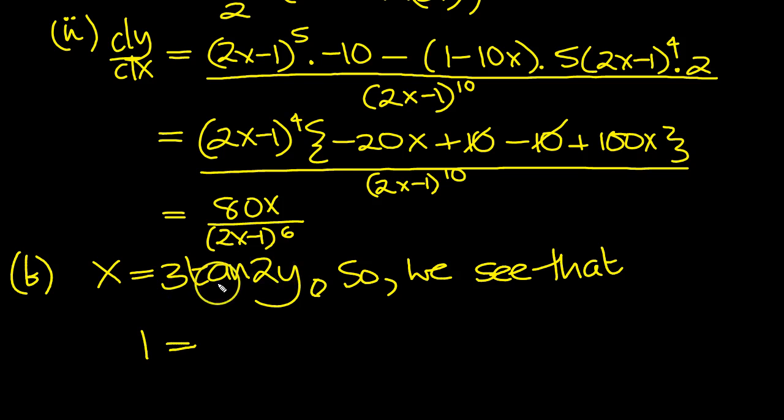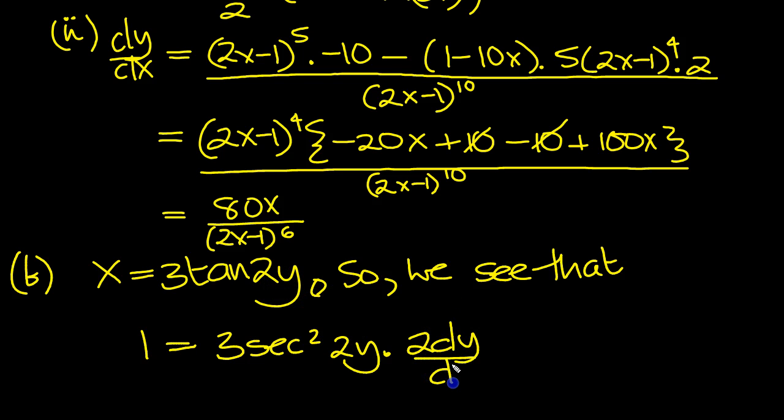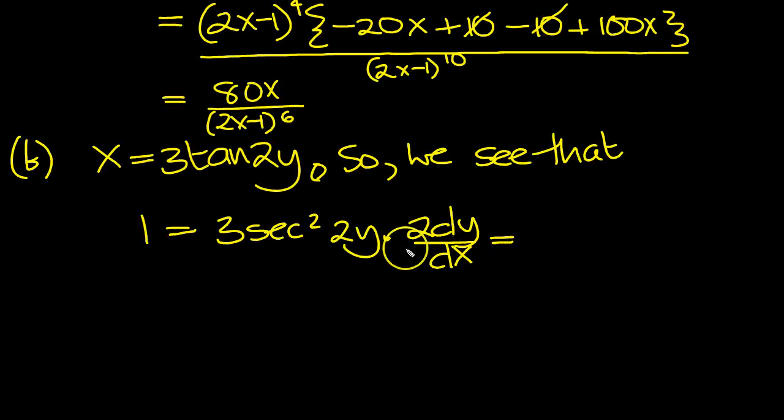Tan of something goes to sec squared, doesn't it? So 3 lots of sec squared. So function rule: sec squared of the something multiplied by the something differentiated, which is 2 dy/dx. So that tells us then this is 6 dy/dx, and the sec squared 2y we can write as 1 over cosine squared 2y.